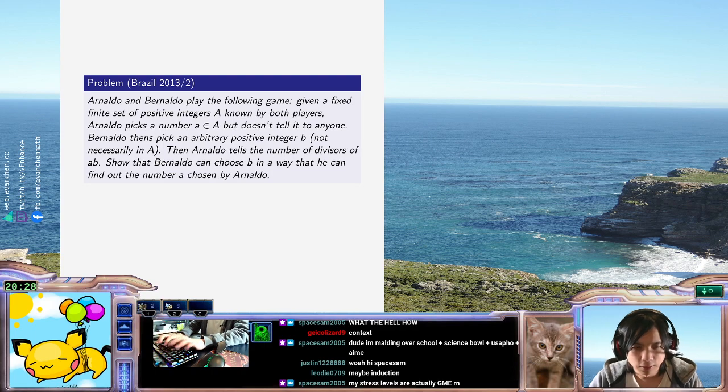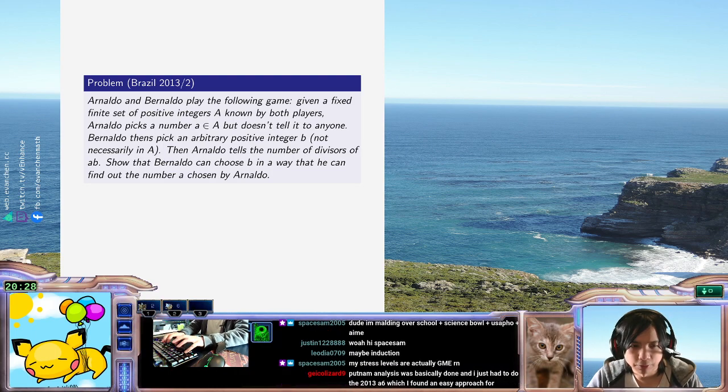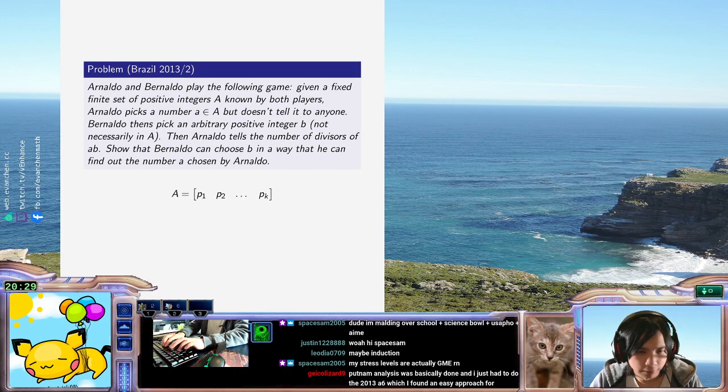What if I draw a as a table where there's some number of primes, and in each row of the table I have some exponents? So maybe I have 1, 2.